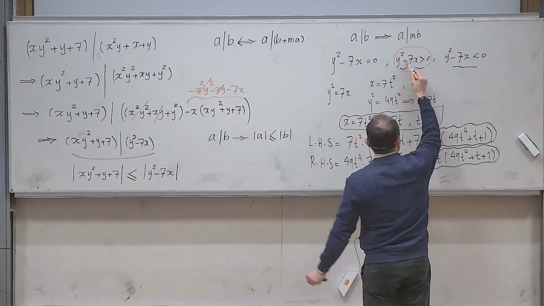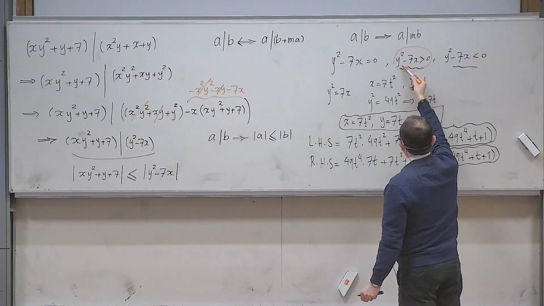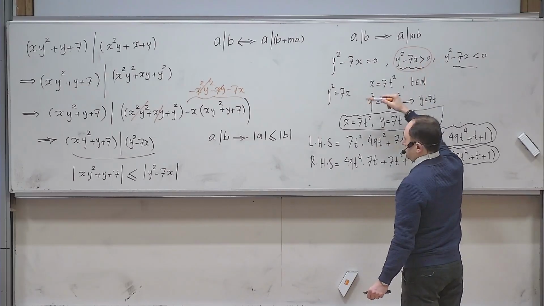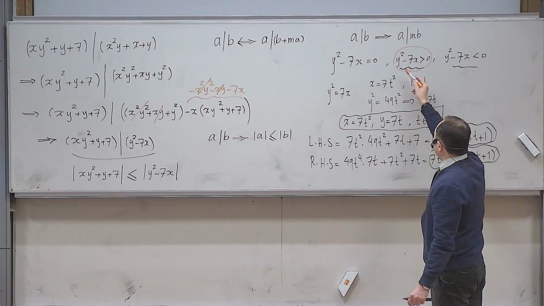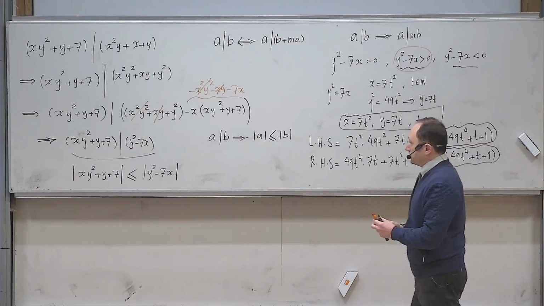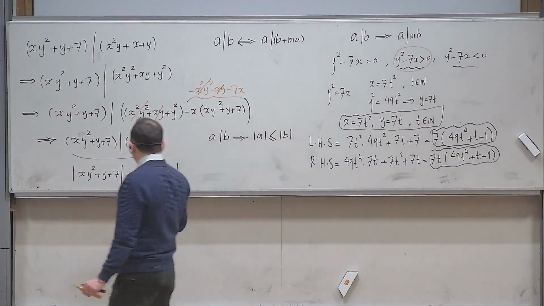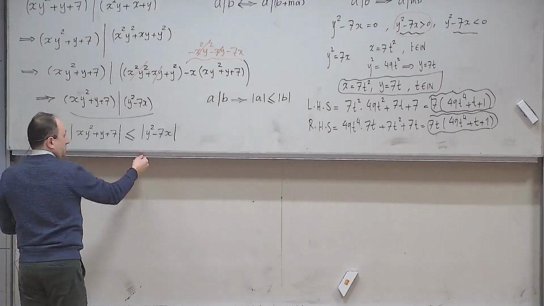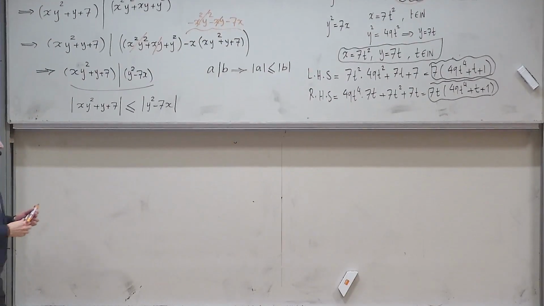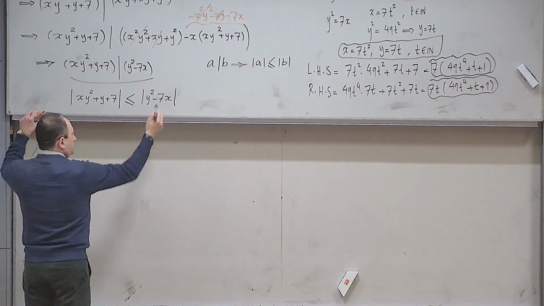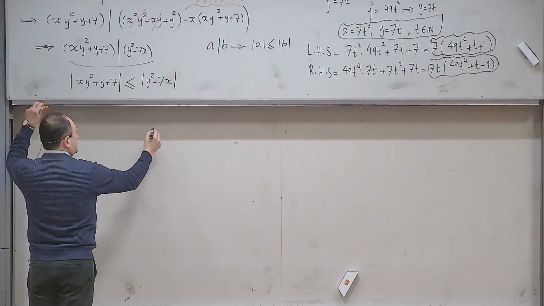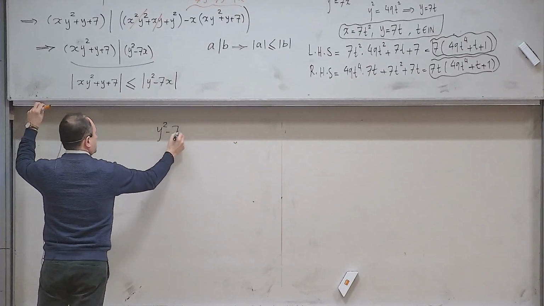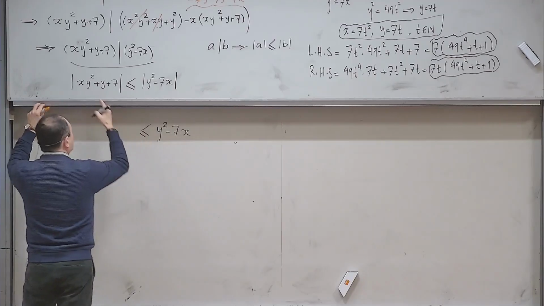So it means that I want to see if it is possible to respect this condition and still find solutions. If y squared minus 7x is positive, it does not need any absolute value. So I just remove the absolute value sign. So this becomes y squared minus 7x is less than or equal to this.